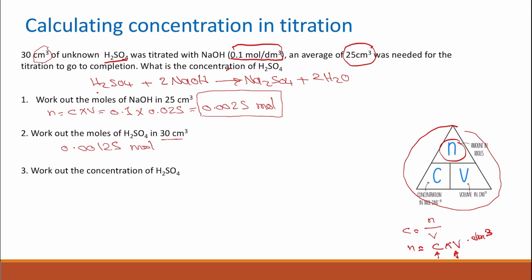So concentration will equal number of moles, which is 0.00125, over the volume in decimeter cubed, which is 0.03. So the concentration here is 0.0417 mole per decimeter cubed. So this is how to calculate the concentration of the unknown using the concentration and volume of the known solution.